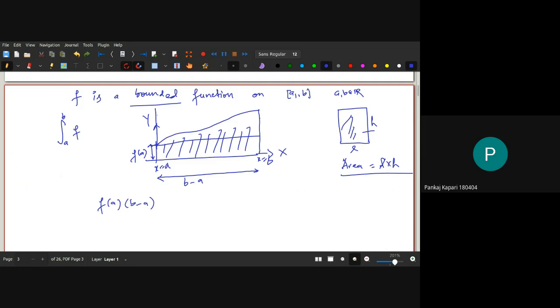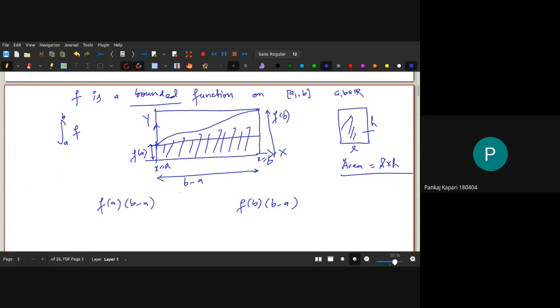Or we can choose another point for the height. If we choose this point b, then the height is f of b, and the area of the rectangle is f of b times b minus a, because the length of the interval is still b minus a.